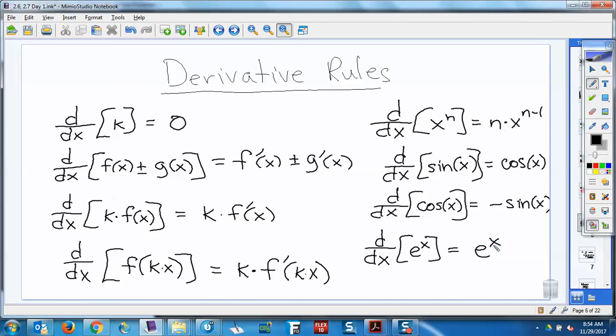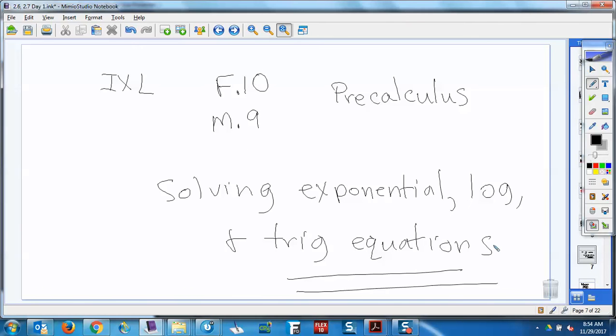Okay, so you might jot this down. This is totally optional, but we're talking about having to solve. We're going to get into exponential, log and trig equations. There are a couple of IXLs under pre-calculus. Again, you already had that worksheet as practice, so this is just extra stuff, especially the trig ones, if you want to practice solving some trig ones.